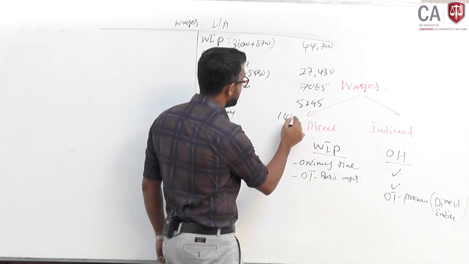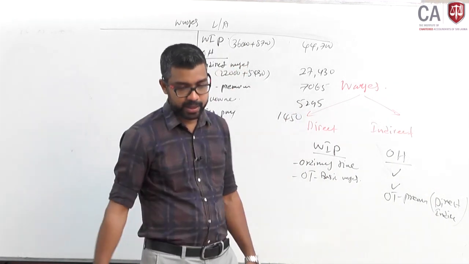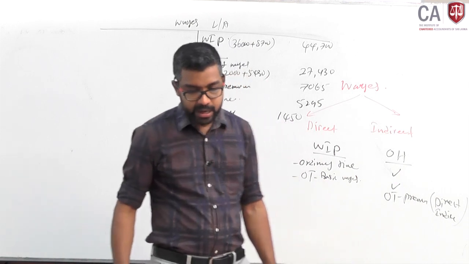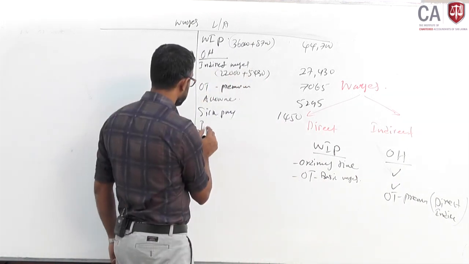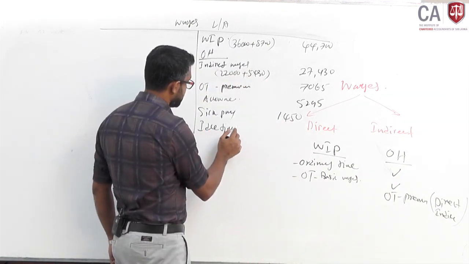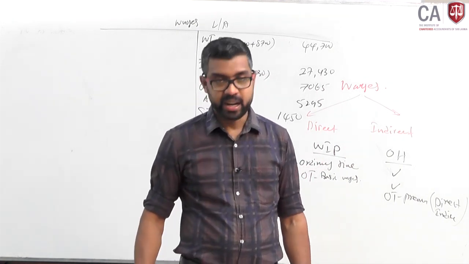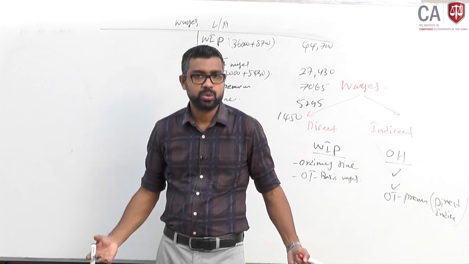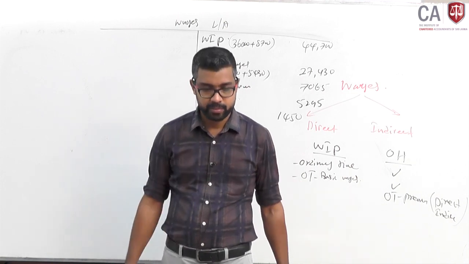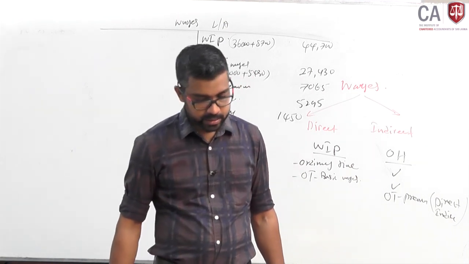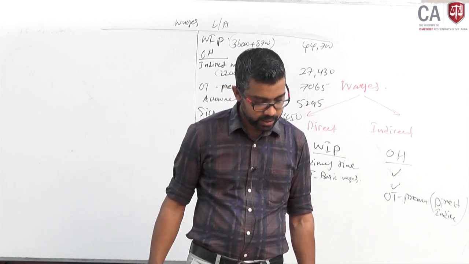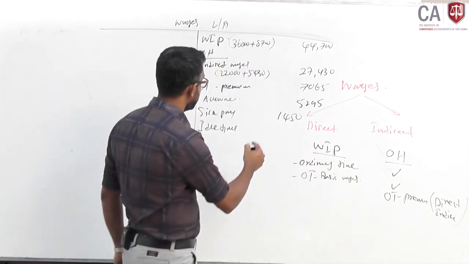I don't have space, so I will take it somewhere here. Then idle time. It is a loss: idle time means people sitting idle, but you pay for them. 3,200 in the overhead.